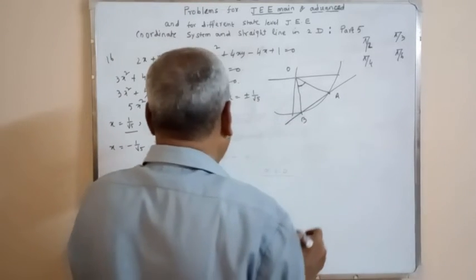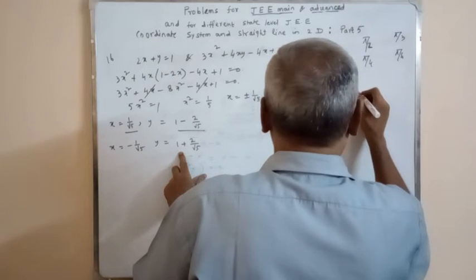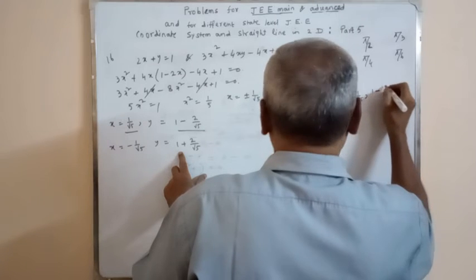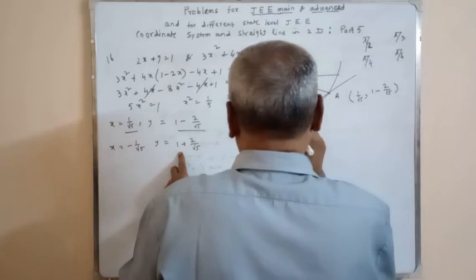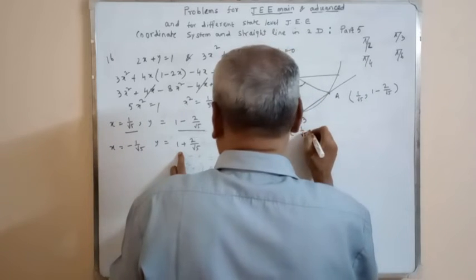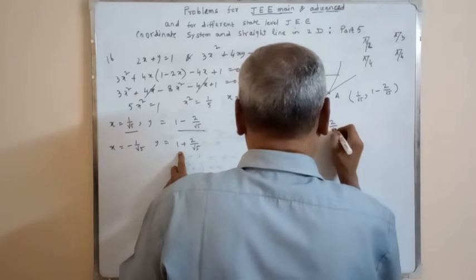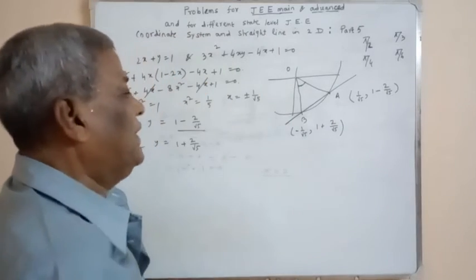So the two coordinates are A is equal to 1 by root 5, comma 1 minus 2 by root 5, and B is equal to minus 1 by root 5, comma 1 plus 2 by root 5. So we get A and B.